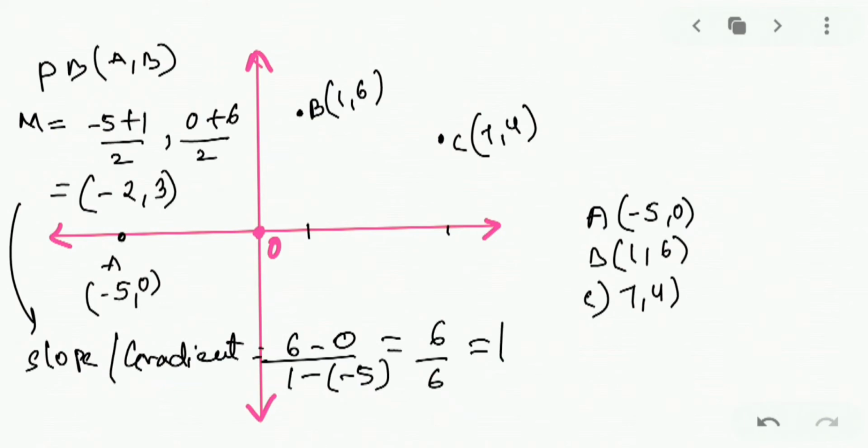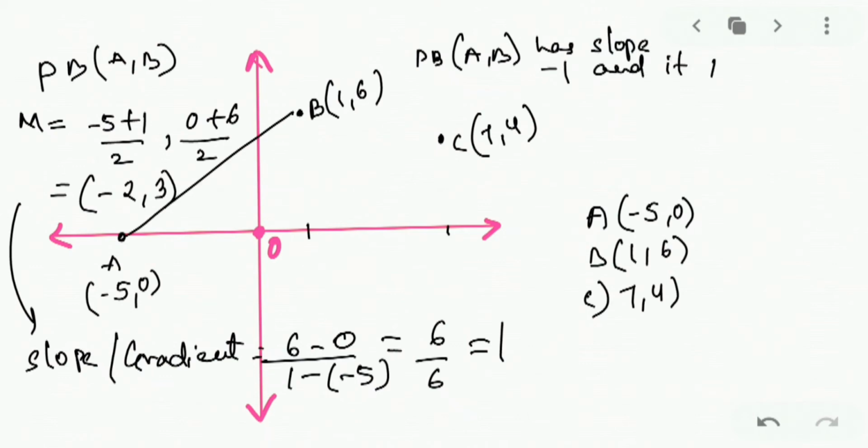So the perpendicular bisector of AB has slope -1 because it is perpendicular to AB, and it passes through the point (-2, 3). Am I correct?